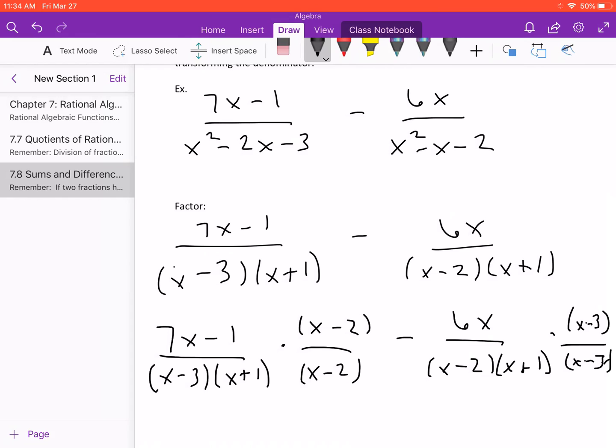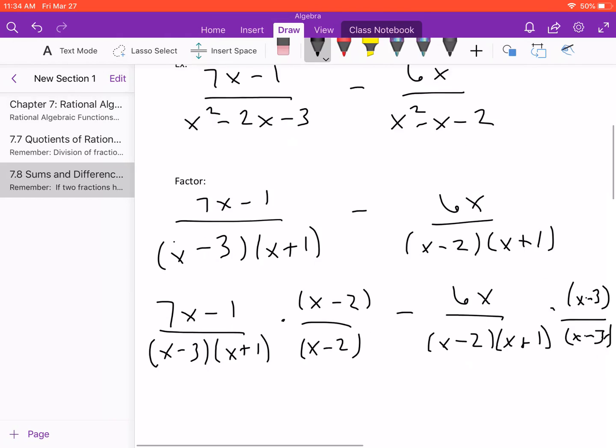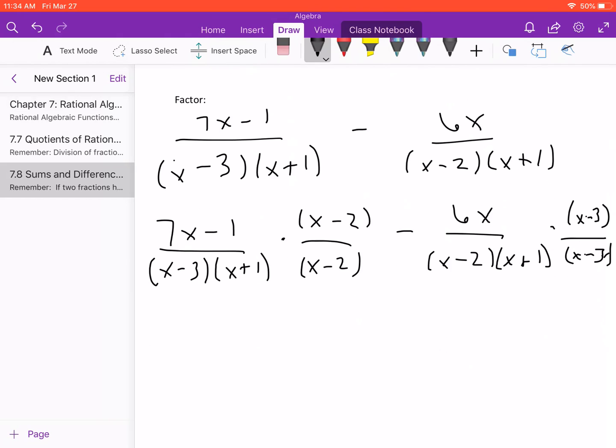The reason for that is that both (x minus 2) over (x minus 2) and (x minus 3) over (x minus 3) are forms of 1. They will cancel to be 1, and that's why we can do that. So then in the next step, I now have a least common multiple.